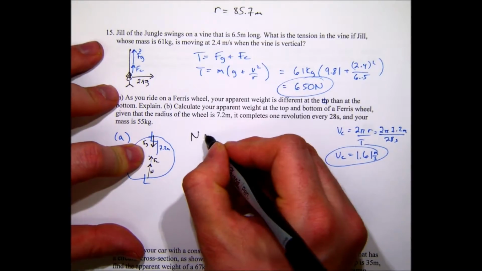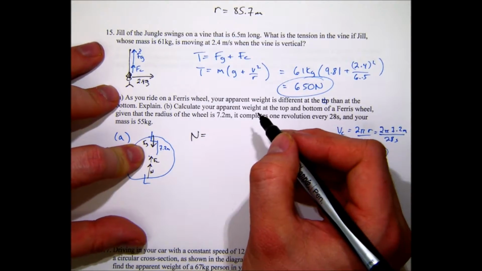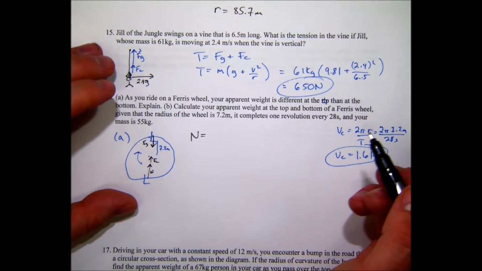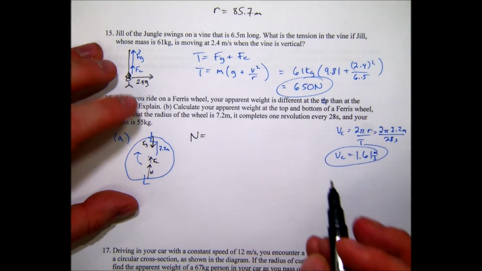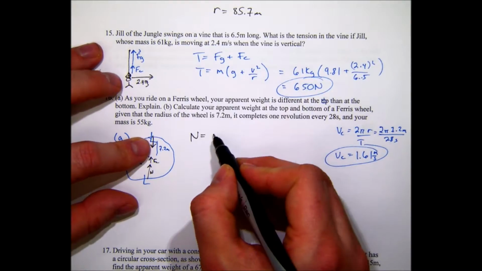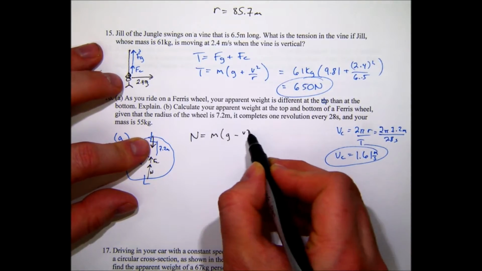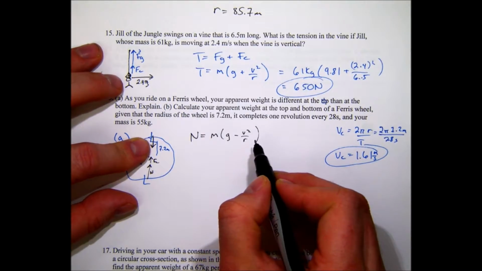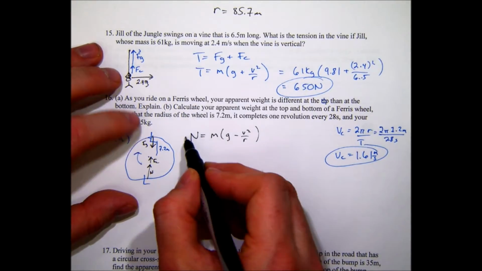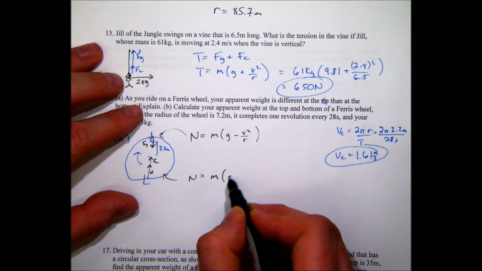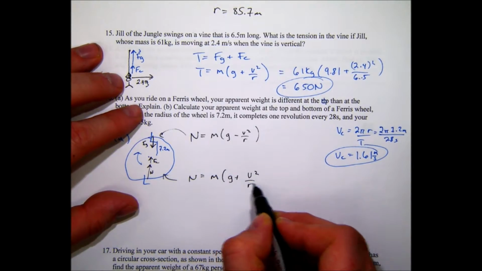So on the way down or at the top, you will experience a force of the mass times g minus v squared over r. And at the bottom, you'll experience a normal force of m times g plus v squared over r.